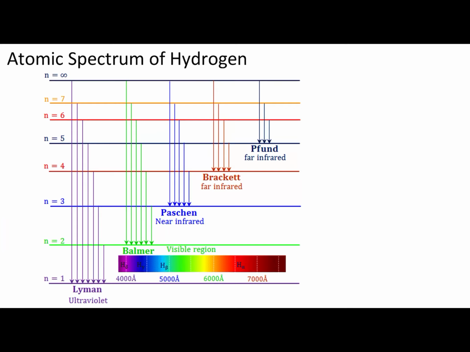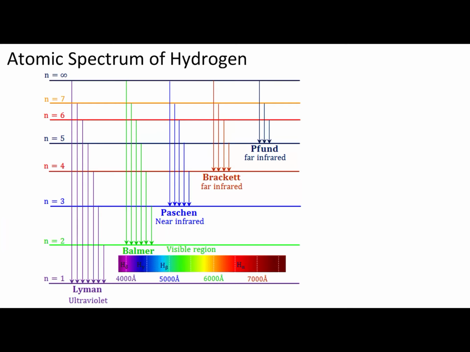The Swedish spectroscopist Johannes Rydberg observed that all series of lines in the hydrogen spectrum could be explained by using the equation: wave number is equal to RH times 1 by n1 square minus 1 by n2 square centimeter inverse, where n1 is equal to 1, 2 and so on, and n2 is equal to n1 plus 1, n1 plus 2 and so on.